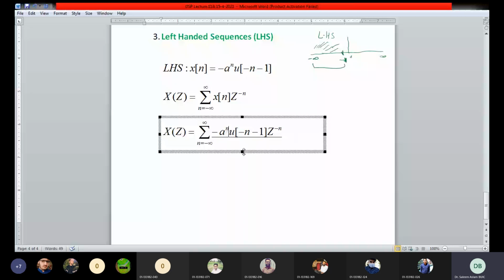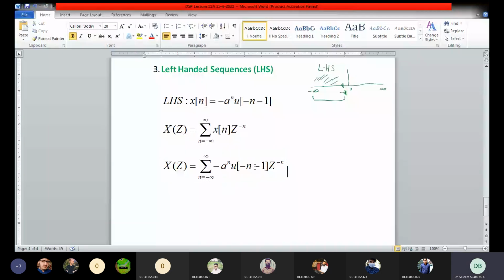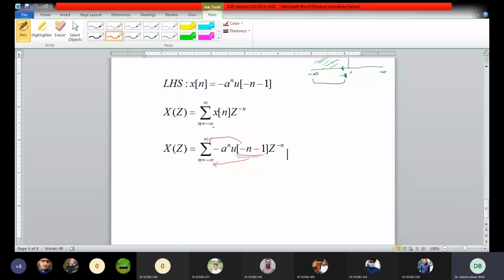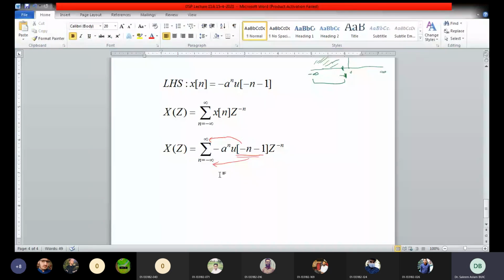Again, this u of minus n minus 1 will change the limits. It will change the upper limit, because now we are running from minus infinity to minus 1. So I need to copy this equation again, and let me change the limits.